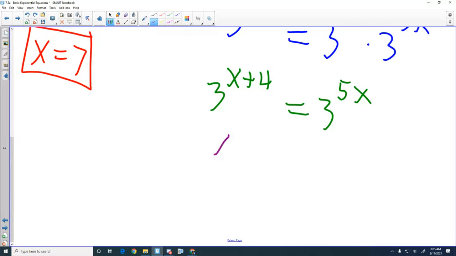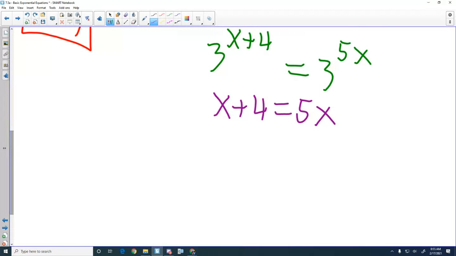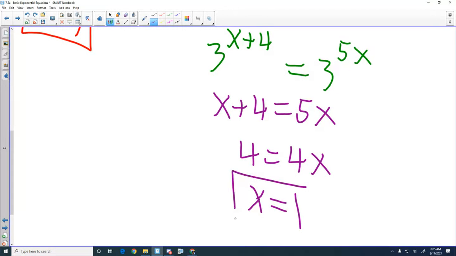So we say, hey, x plus 4 has to equal 5x. Subtract an x from both sides. 4 equals 4x. So x has to equal 1.